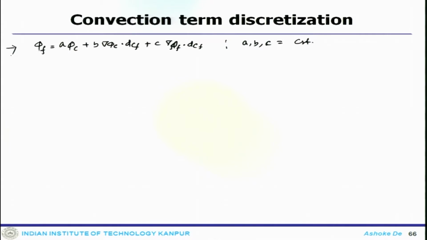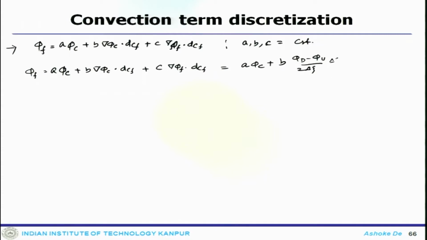Now, first we get this expression A phi c plus B delta phi c dot dCF plus C delta phi f dot dCF, which one can write as A phi c plus B (phi d minus phi u) by 2 delta xi by 2 plus C (phi d minus phi c) divided by 2 delta xi by 2.